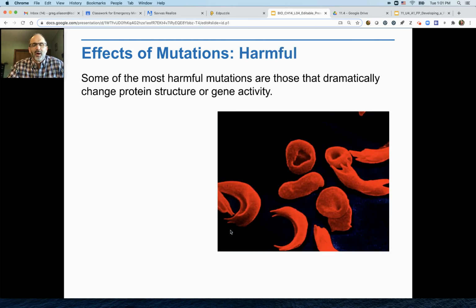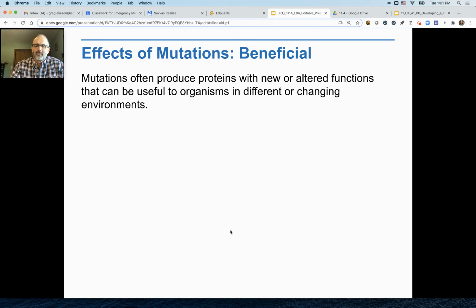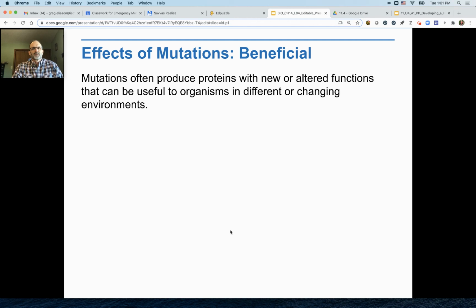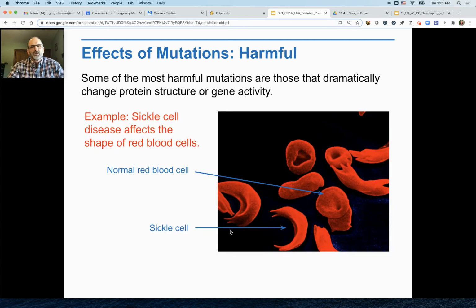All right, so a harmful mutation. Some of the most harmful mutations dramatically change protein structure. Sickle cell anemia, for example, changes an amino acid that makes up your red blood cells. When that amino acid is changed, it puts a different amino acid in that chain of amino acids.